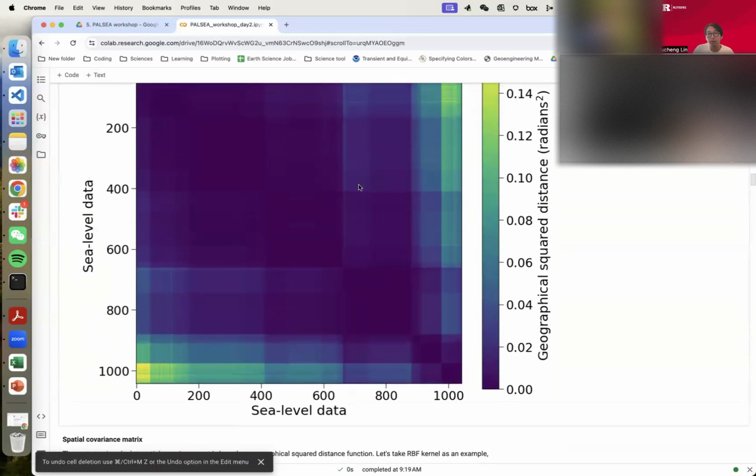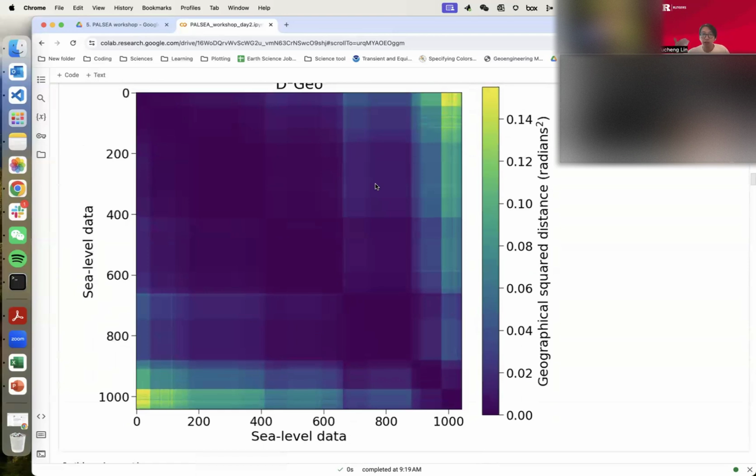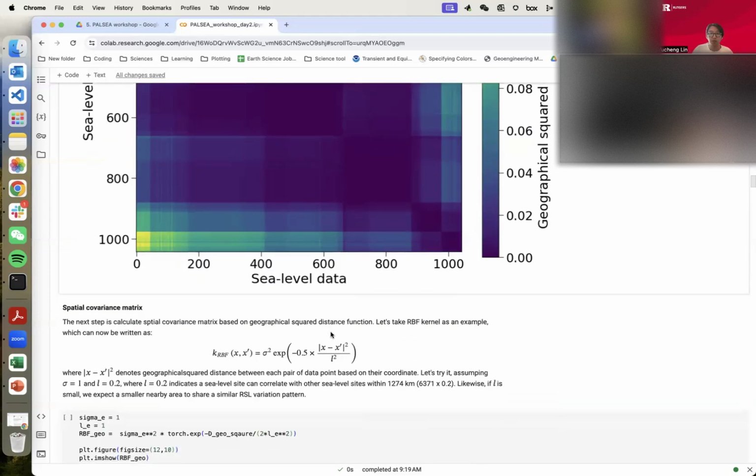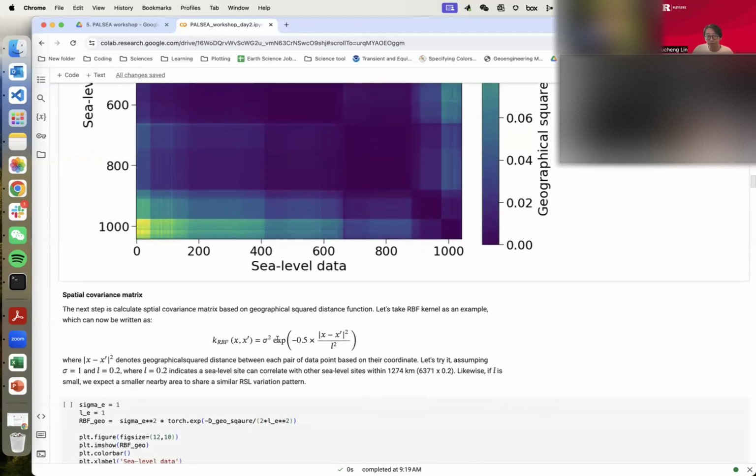Now we are calculating square distance in terms of space. Then we just input the square distance function into a kernel, the same RBF kernel we used before. Previously, x minus x prime was our temporal square distance function.